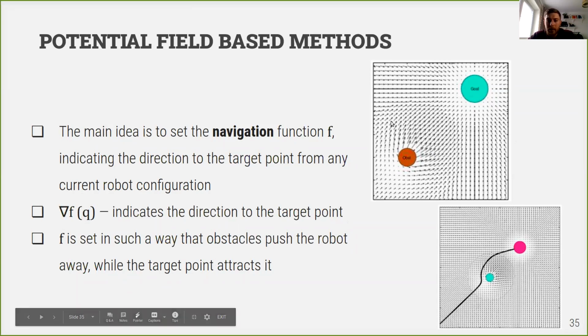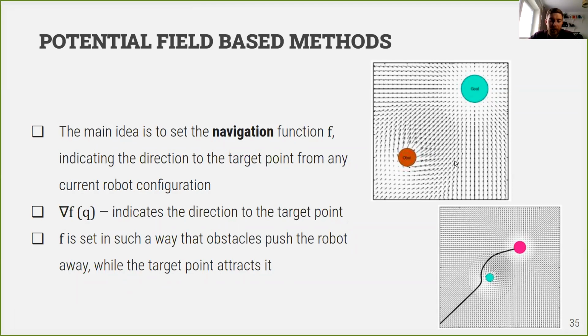And this sounds quite complex, but in reality, what we do in any point of space, we just compute some vector, and the orientation of this vector indicates the direction where the robot has to move to reach our goal. And obstacles are pushing our robot away, and the goal is attracting our robot.